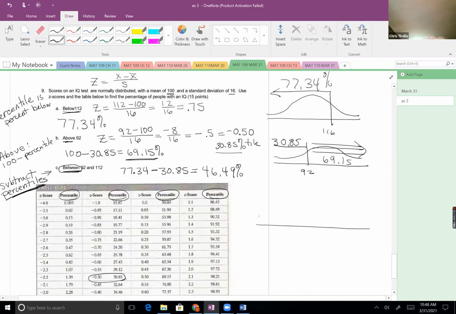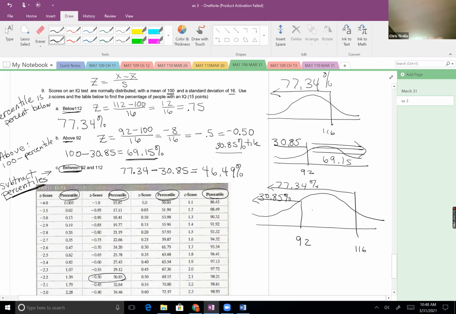And then for the last one, if you look at it in the normal distribution, for 116 we get that it's 77.34% below. For 92, we get that it's 30.85% below.